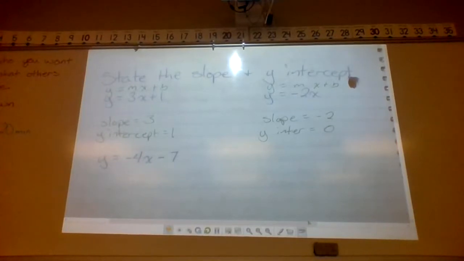But I'm going to have you start doing this because you're not going to draw arrows in your notes. The slope-intercept form is y equals mx plus b.